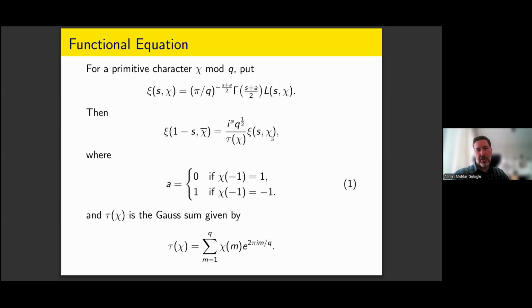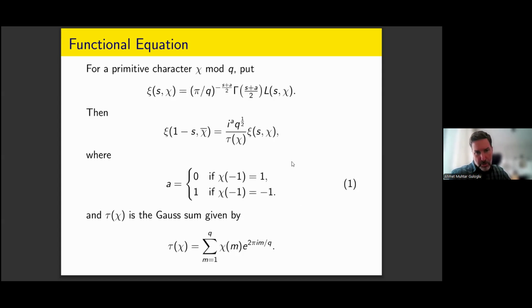If the character is real, this will also be chi. And this number over here always has absolute value 1. In fact, for a real character, this will be equal to 1.